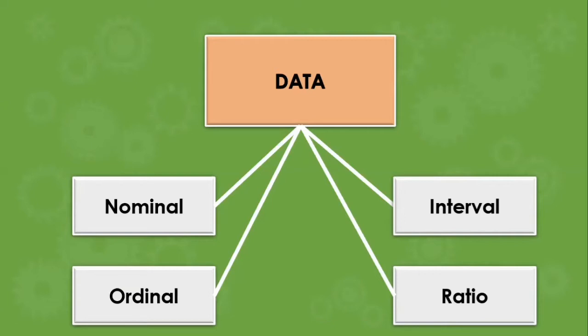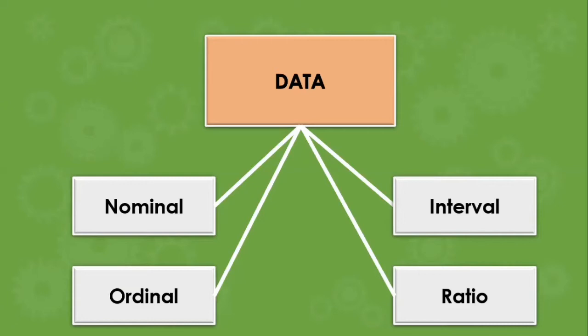What do we mean by absolute zero? One example that we provided in interval data was temperature, right? And temperature doesn't have an absolute zero because there is even a temperature that is below zero. Let's say negative 10 degrees, right? So aside from temperature, we also have time.